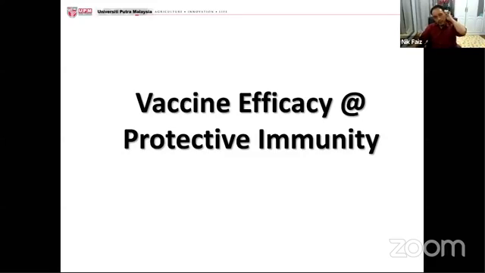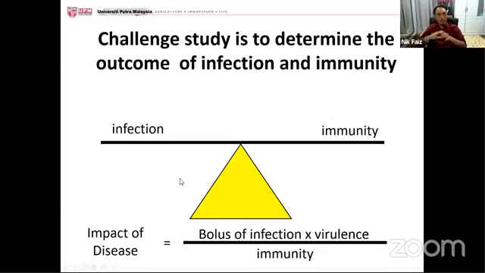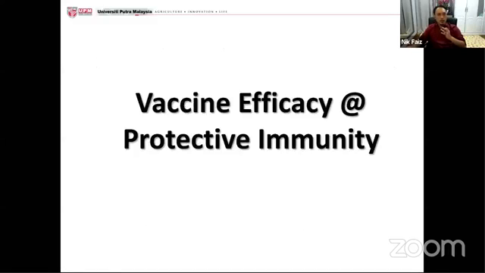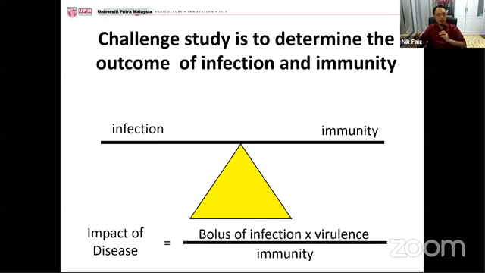So when we talk about vaccines, we always talk about vaccine efficacy and protective immunity. That is very important to any farmers or those working in the poultry industry. To know the vaccine efficacy and protective immunity, you have to perform a challenge study, to determine the outcome of infection and immunity.